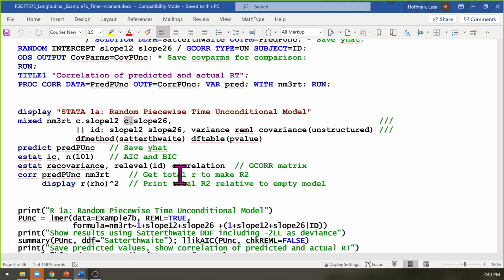So I've gotten in the habit of always putting it there. As opposed to I dot, which denotes that it's a categorical predictor, that Stata is going to make dummy codes for you. Okay, other questions on code so far?